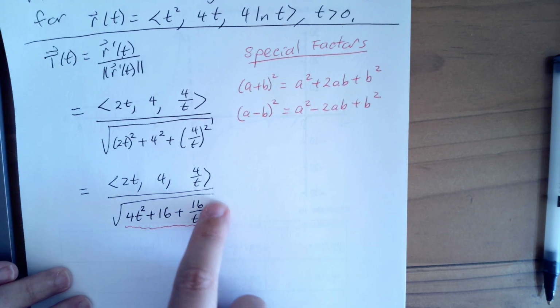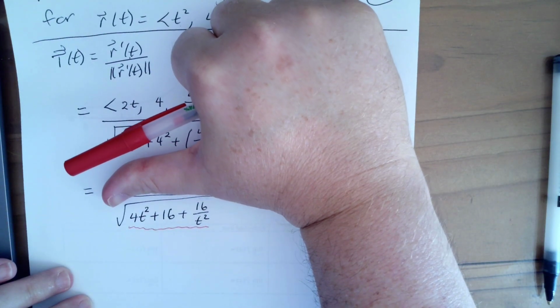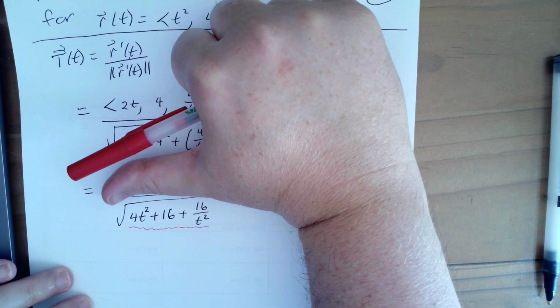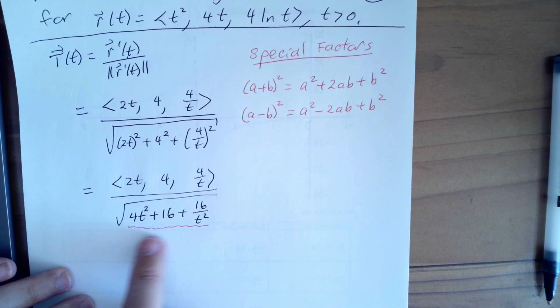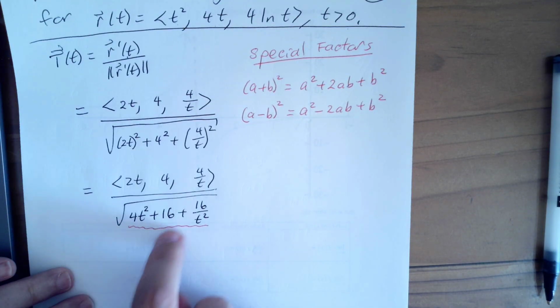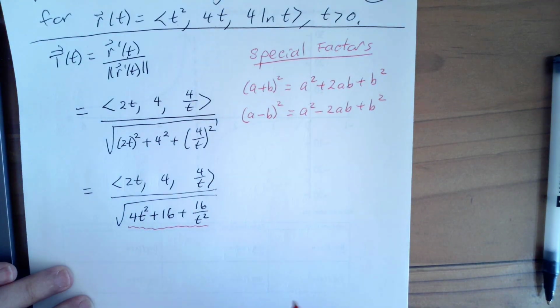So if you just had this part right here and you wanted to try to integrate that with a square root, good luck. But if you can get rid of the square root, then I think things will be very, very happy. You can integrate term by term, but what's hindering us is that darn square root. So if we can get rid of this by using these special factors, we'll be in good shape.